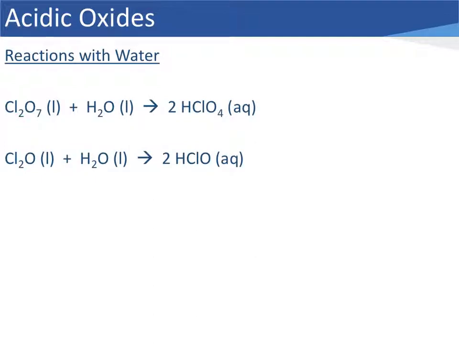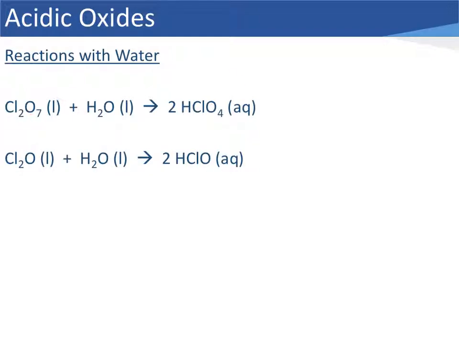Now the chlorine oxides may be a little bit more challenging to remember. In both cases, though, it only reacts with one water molecule, and maybe just figure out, well, these are all going to be one hydrogen. They're a monoprotic acid. So what is it going to make based on everything that's over here? Well, it's going to make HClO4 if it's Cl2O7, and if it's Cl2O, it's going to make HClO.